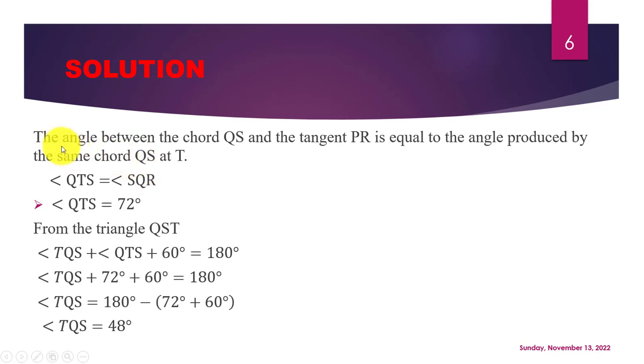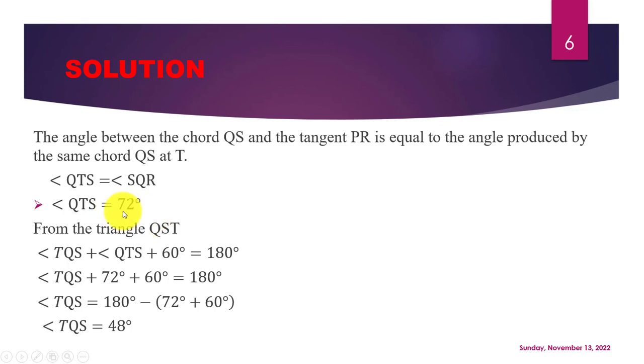The theorem says that the angle between the chord, that is called QS in this particular example, and the tangent PR is equal to the angle produced by the same chord QS at the point T. So by this theorem, it implies that angle QTS is equal to angle SQR. Thus, angle QTS is also equal to 72 degrees.